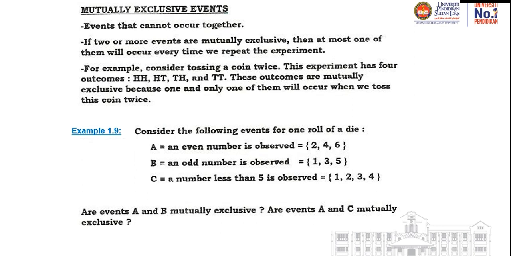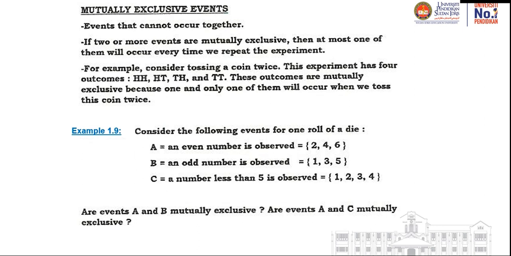A real life example of mutually exclusive events is night and day. Why? Because night and day cannot happen at the same time. You can think of many other real life examples.